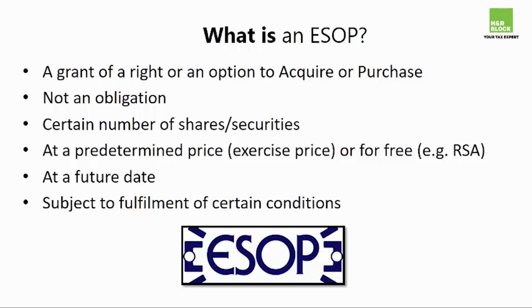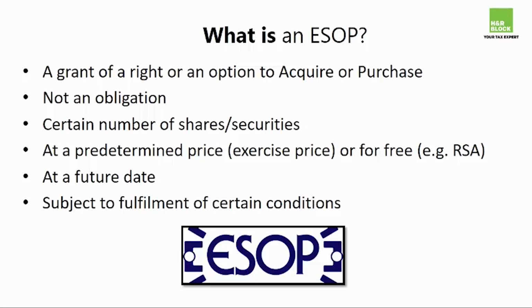So we already said there are certain numbers of shares which are given to you under that option. Under this option you can purchase the shares at a predetermined price which is decided at the time of granting those options to you, and you can purchase these shares at a future date at the price which is already decided in the past. So whatever appreciation happens in that share's price from the date of grant till the date the shares vest to you, that is your profit, and it is taxed in a certain way under the income tax.